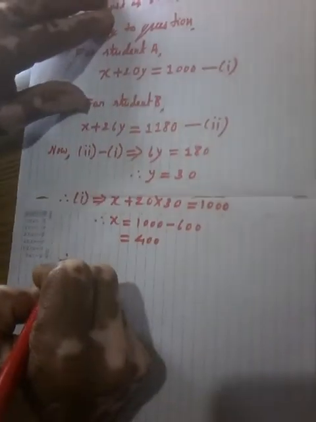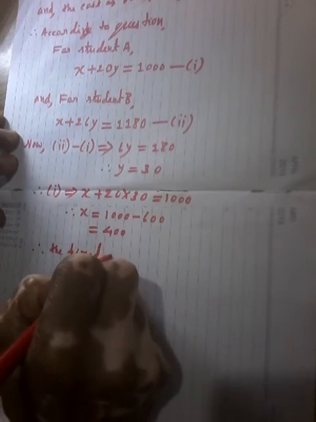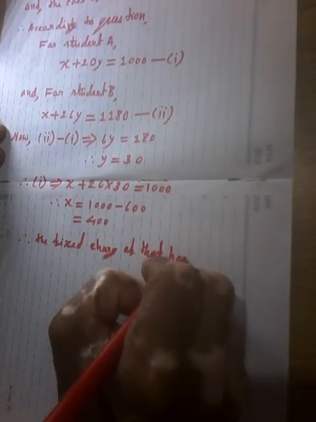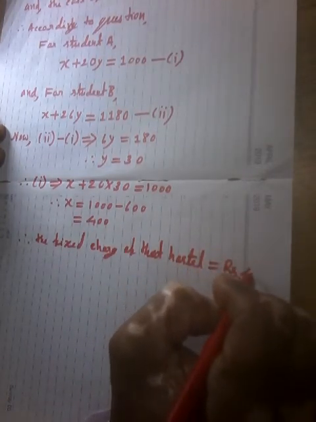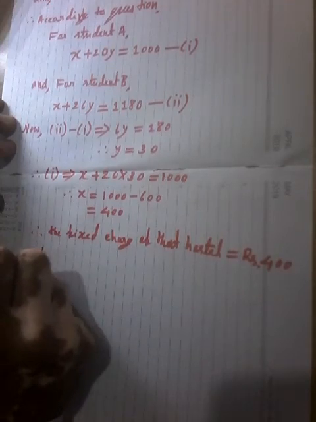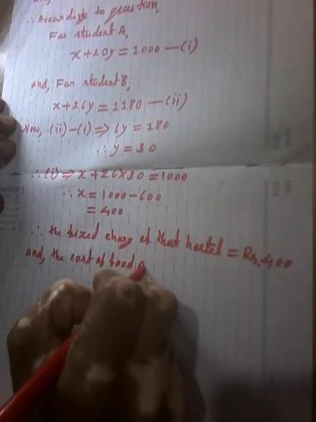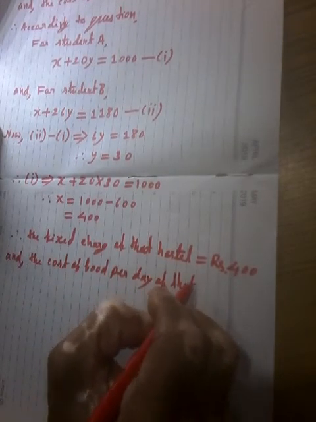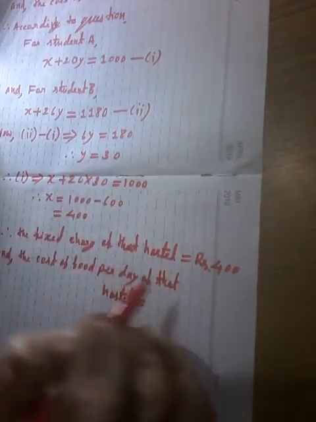Therefore the fixed charge of that hostel, the value of x, is equal to rupees 400, and the cost of food per day of that hostel is equal to the value of y, which is 30.